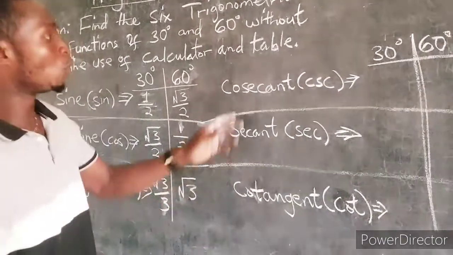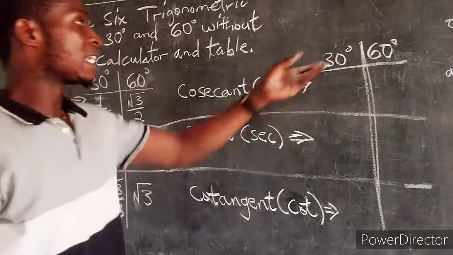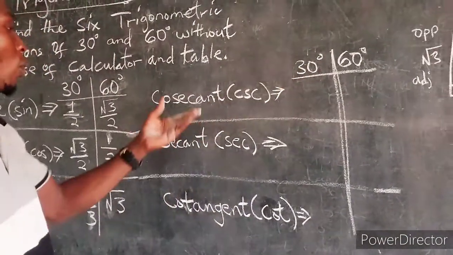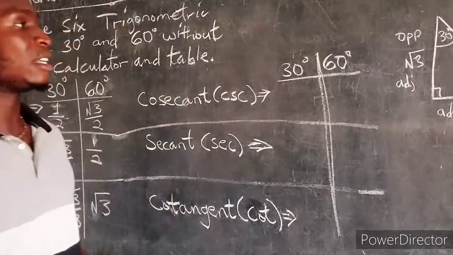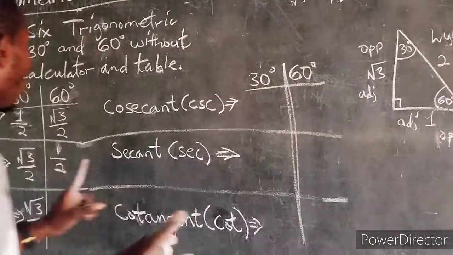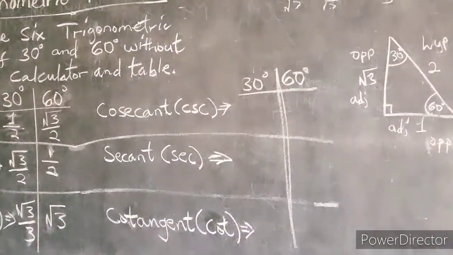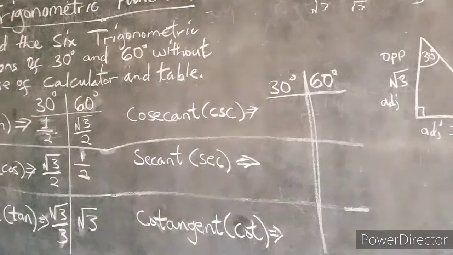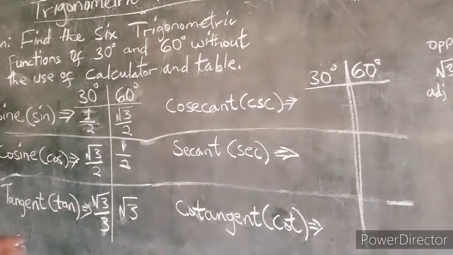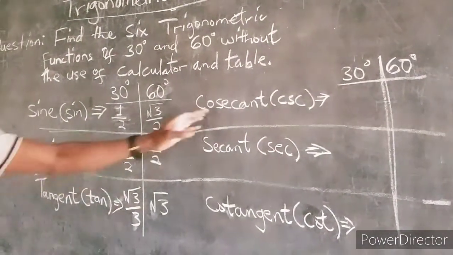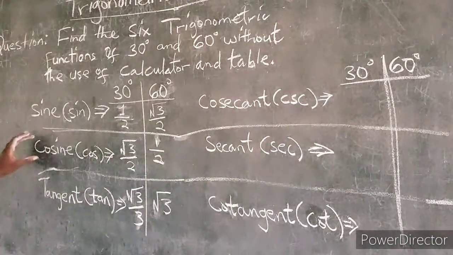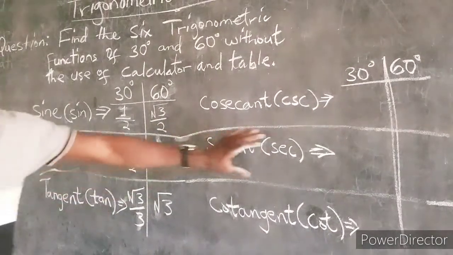So we come to cosecant 30 degree and 60 degree. From this diagram, we should understand that it's very easy. Now we don't really need to solve problems. The opposite for sine is cosecant. The opposite for cosine is secant.